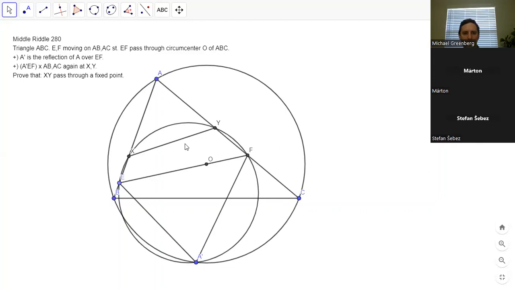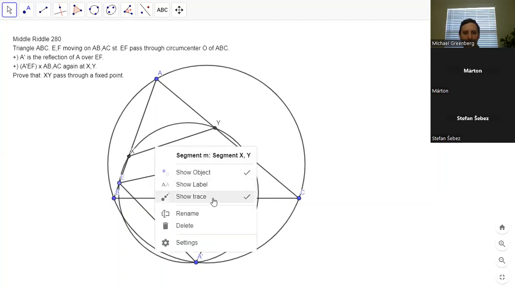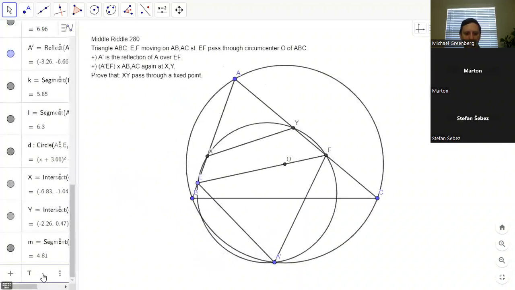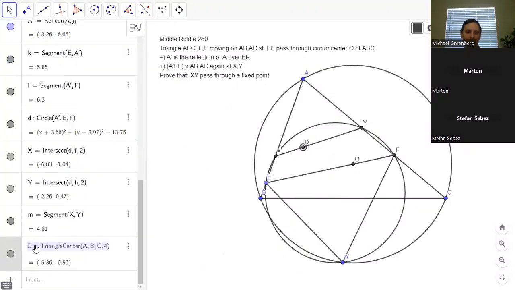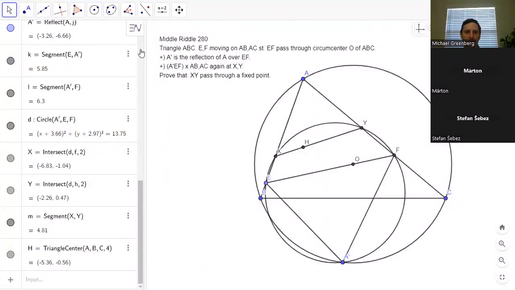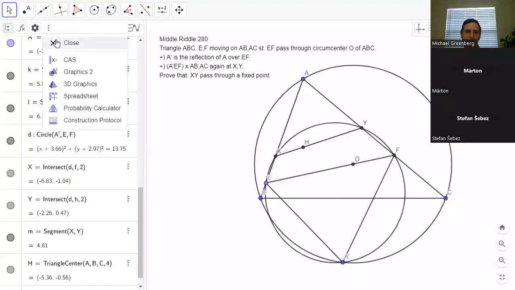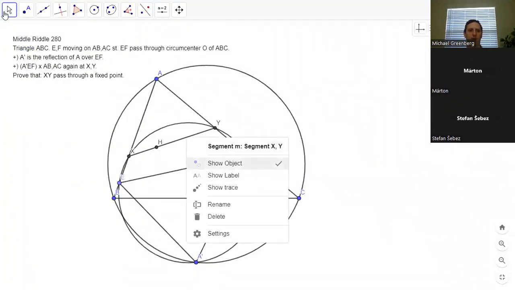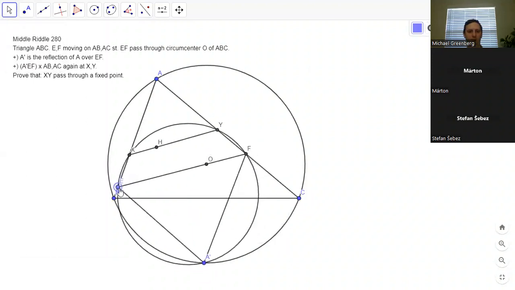So let's see. Let's draw the orthocenter. I'm going to no longer show the trace. Yep, it's the orthocenter. Okay. So how do we show that those are collinear? I'm going to hide it. Let's just check that that's actually the case. Yes.